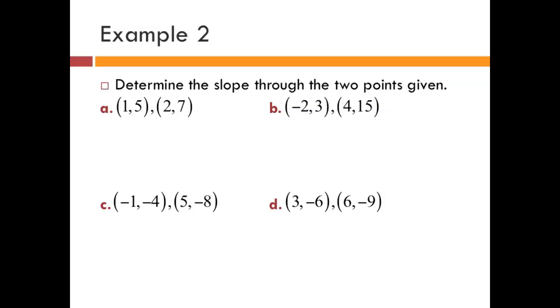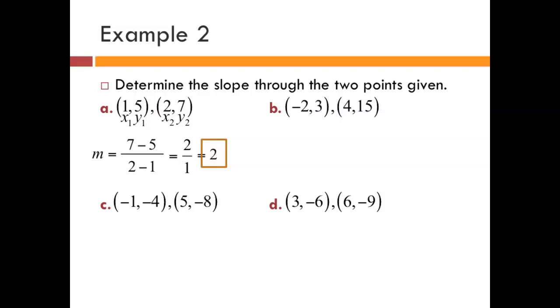For the first one here, I'm going to label it x1, y1, x2, y2. Now I'm going to apply the formula. That's y2 minus y1, so 7 minus 5, over x2 minus x1, so 2 minus 1. That's going to be equal to 2 over 1, which is equal to 2. So our slope here is 2.